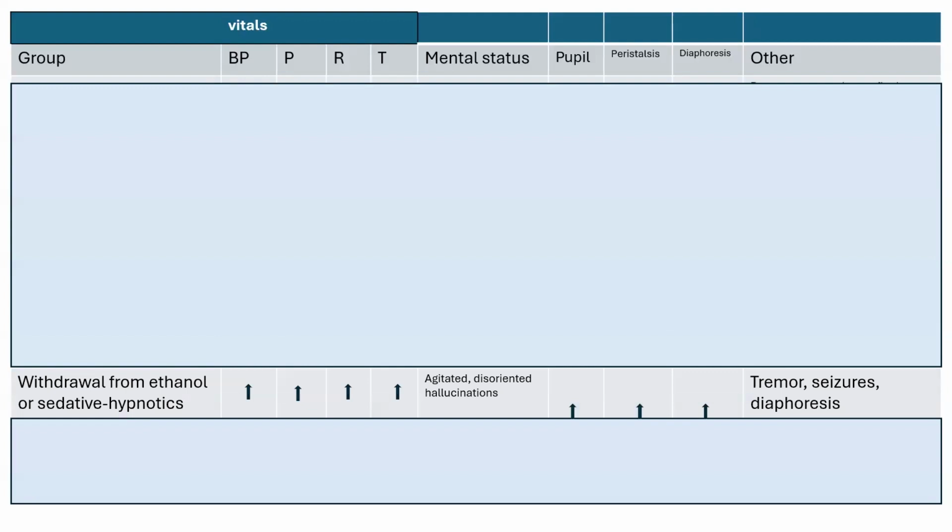Withdrawal from ethanol and sedative hypnotics acts similarly to sympathomimetics. Blood pressure, pulse rate, respiratory rate, and temperature will all be elevated. They are agitated, disoriented. They may be hallucinating. Pupils will be dilated. They have increased peristalsis, diaphoresis, and they may have tremors and seizures.